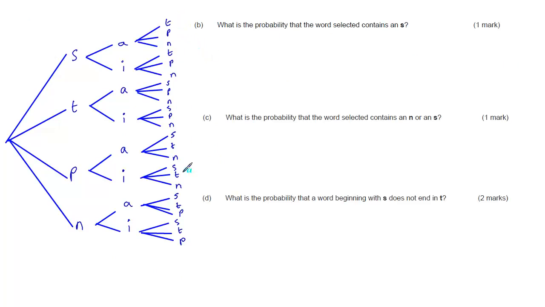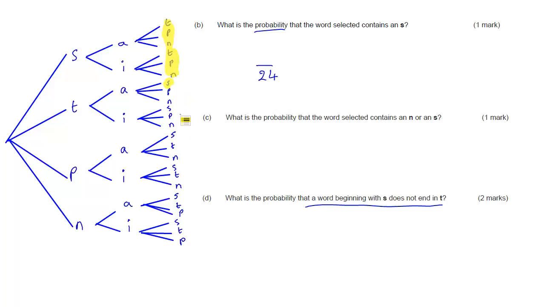Now I can see there are 24 possible outcomes here. So the denominators for any probabilities will be 24 unless we have a conditional probability as we do in part D. So how many contain an S? Well, I can see all of these top six do because the S is here.